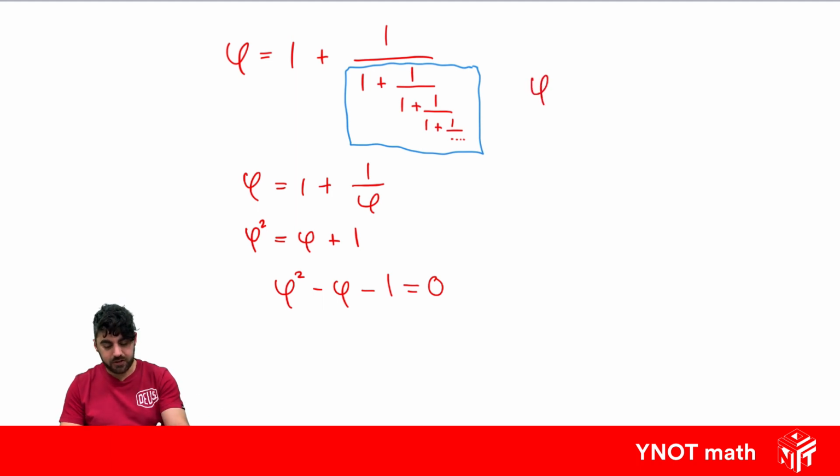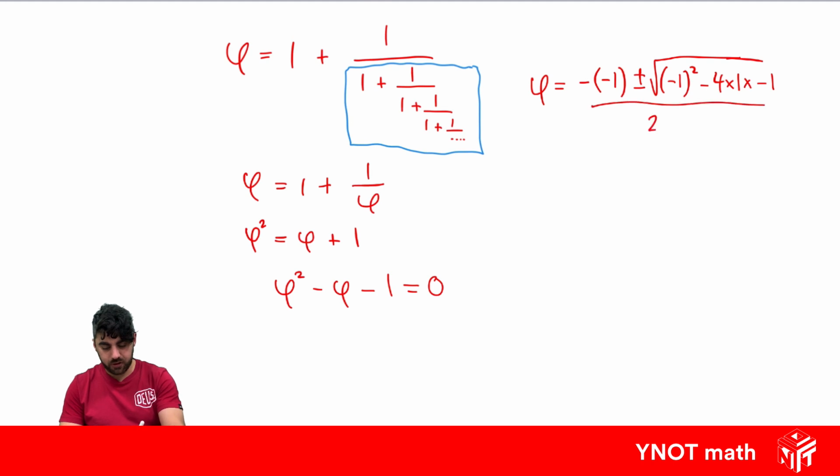So the golden ratio is going to equal minus b, so minus minus 1, plus or minus the square root of b squared, so minus 1 squared, minus 4 times a, which is 1, times c, which is minus 1, all over 2 times a, which is just 1. So we're going to get the golden ratio equaling 1 plus or minus the square root of 1, minus 4 times 1 times minus 1 is positive 4, and 1 plus 4 is 5, all over 2 times 1, which is 2.